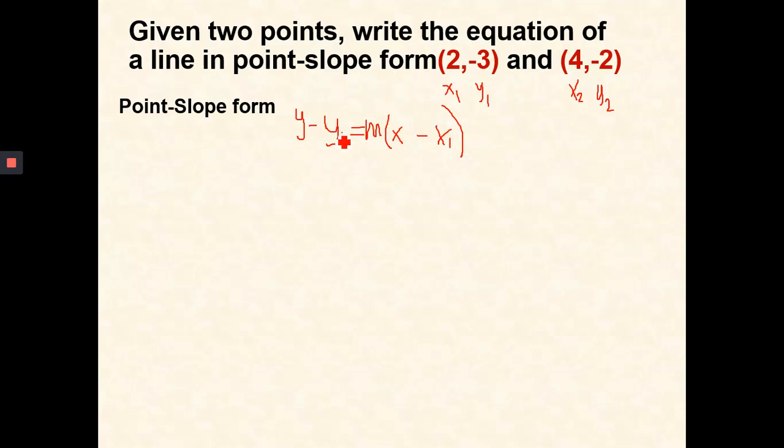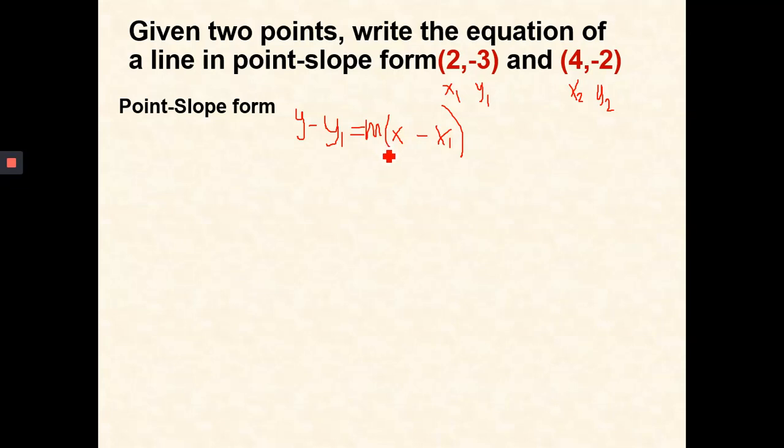Okay, try to observe the formula. Y minus y sub 1 is equal to m multiplied by the quantity x minus x sub 1. We already have x sub 1 and y sub 1. What is missing? Your m. Okay.